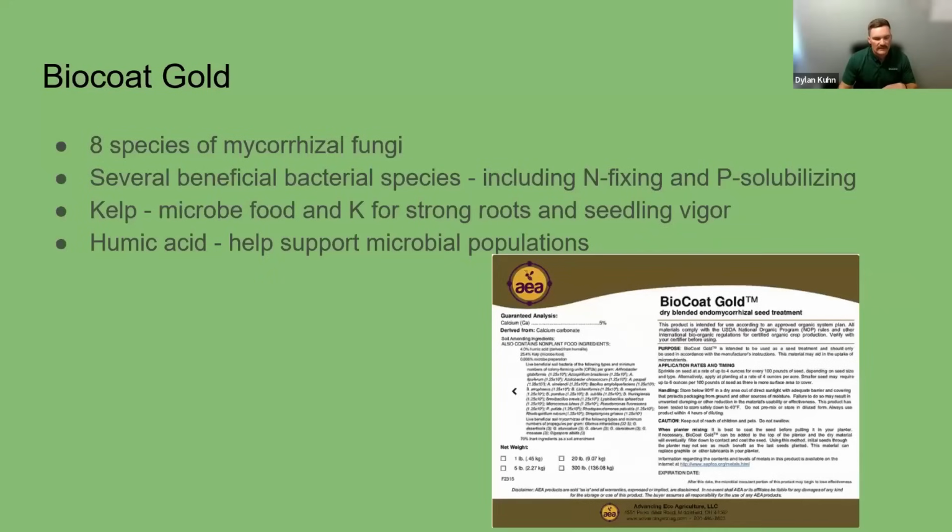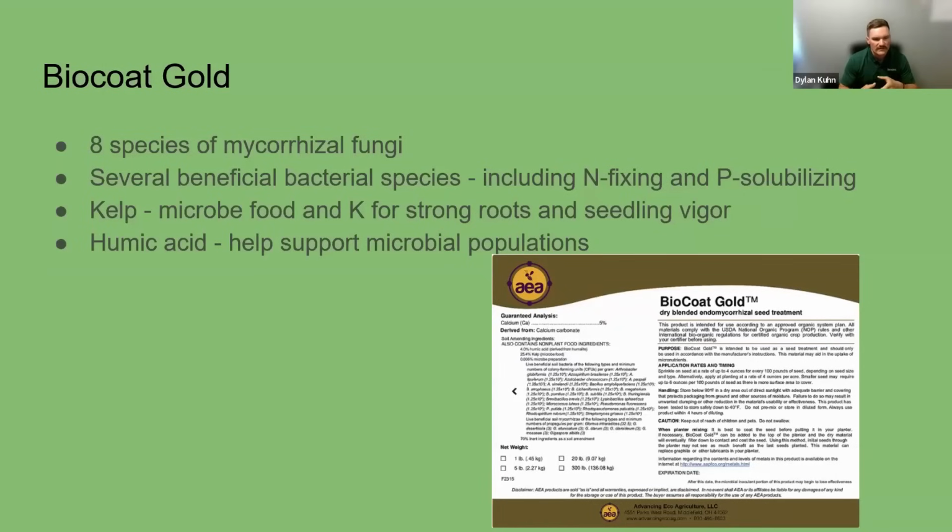The next products that we've started to carry, because people have asked about them, are a couple of AEA products. BioCoat Gold has been a pretty commonly asked about product. Again, a mycorrhizal fungi product of 8 different species, and then another diverse list of bacterial species, including nitrogen and phosphorus solubilizing bacteria.